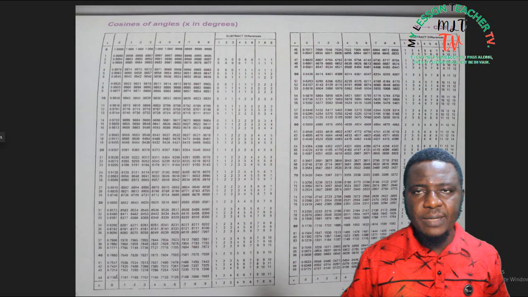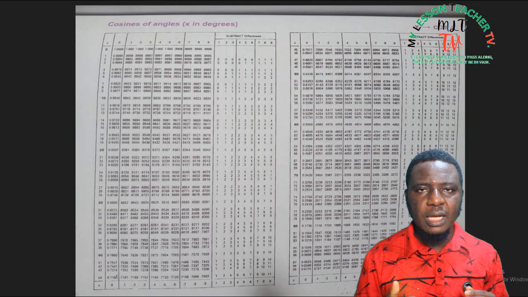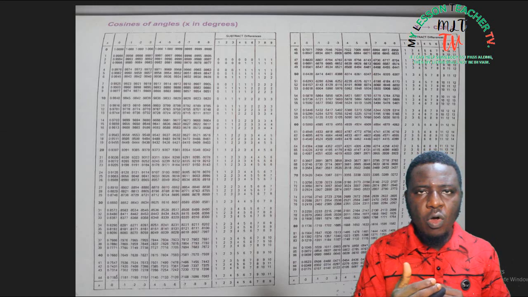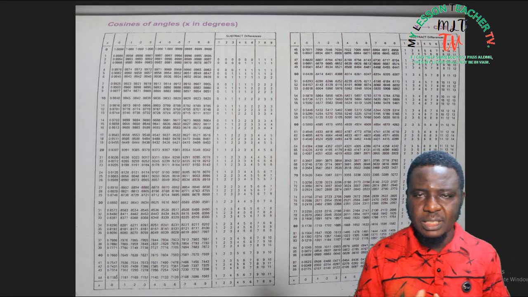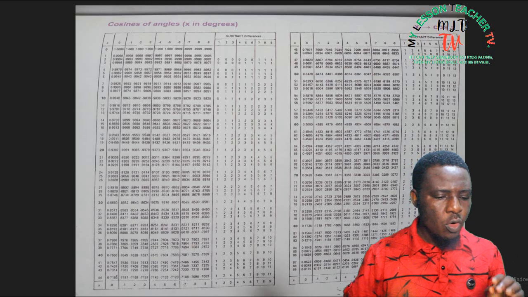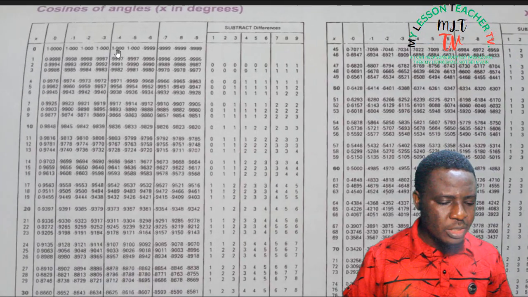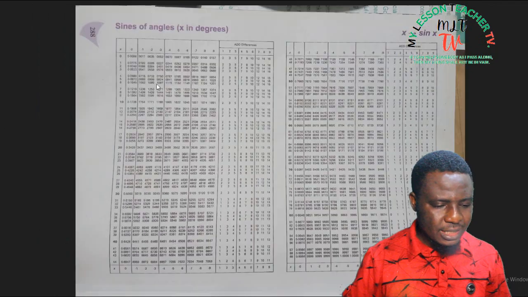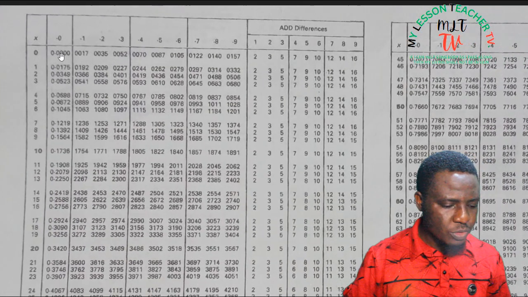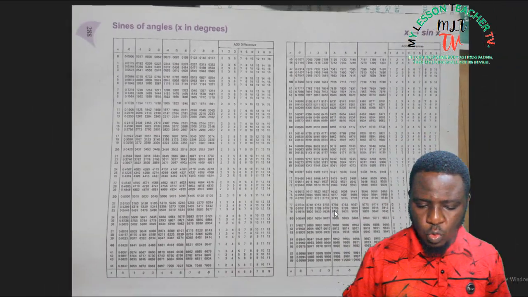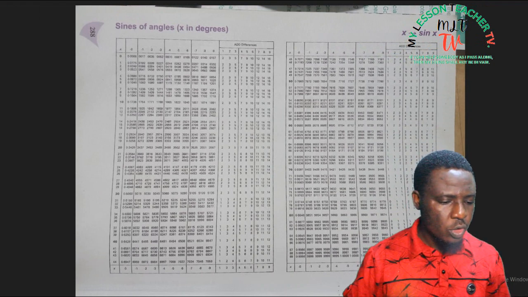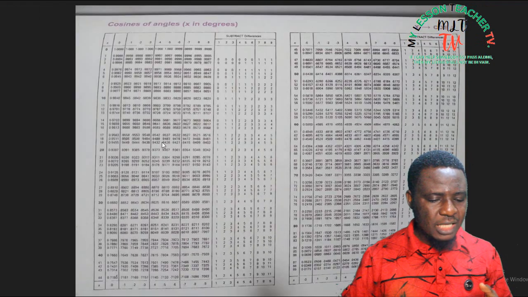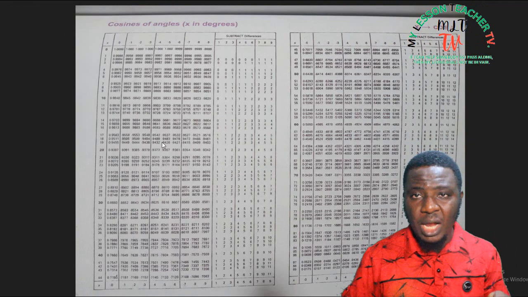The cosine table, I will say, is kind of like the reciprocal of the sine table, in the sense that the cosine table begins from 1.00 to 0, unlike the sine table that begins from 0.00 to 1.00. So the bigger values are given by a smaller angle.